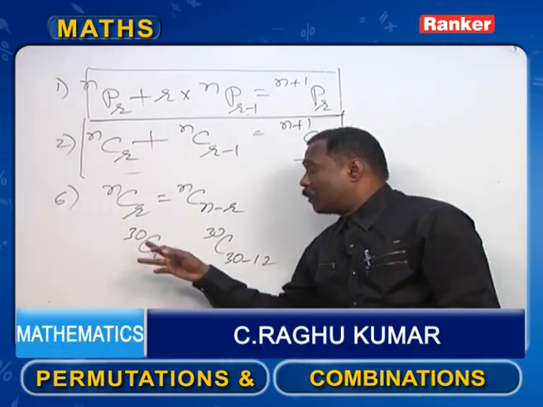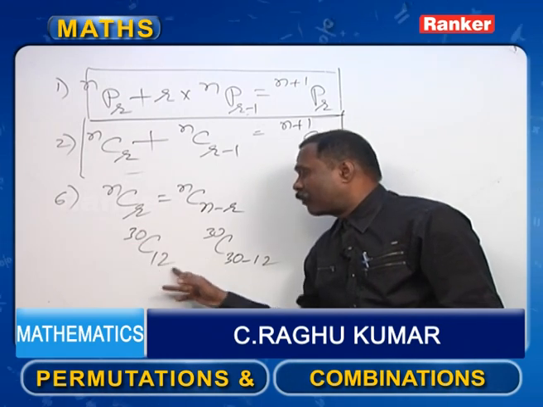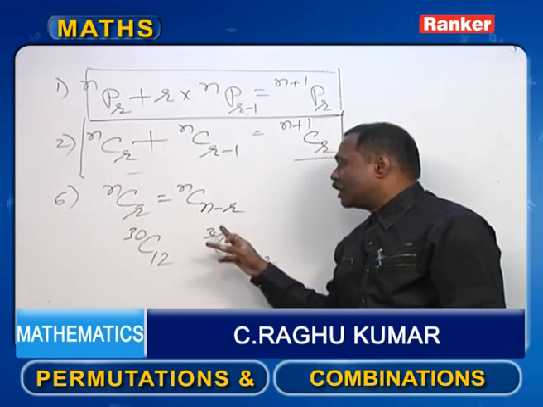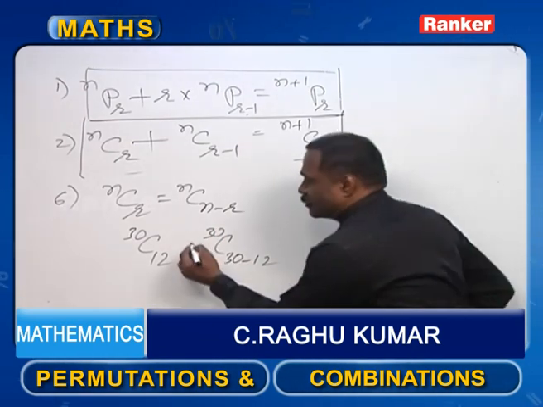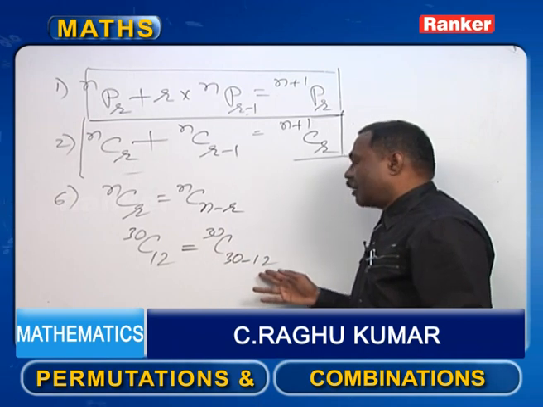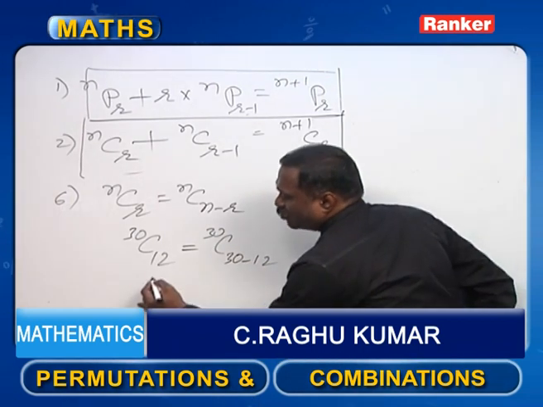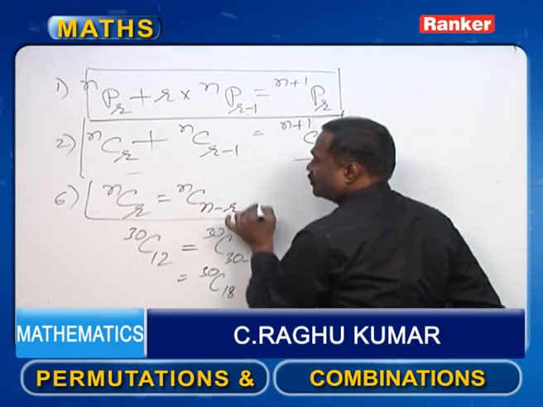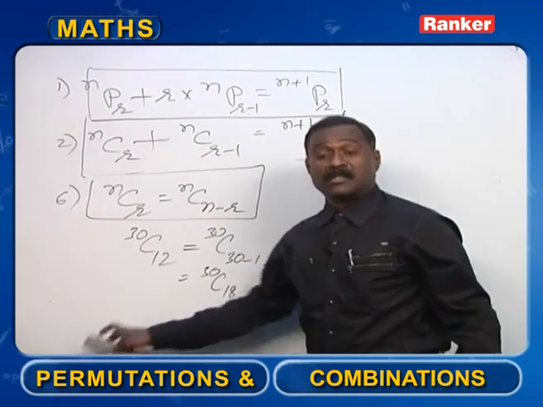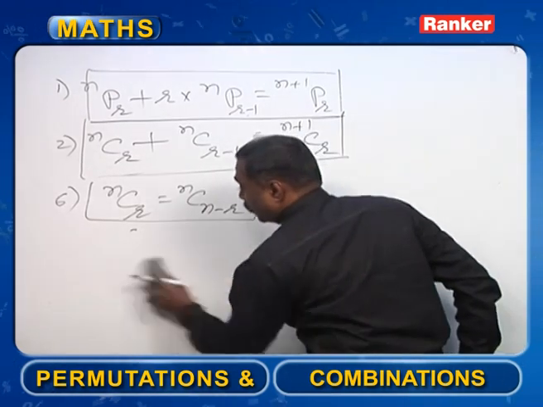That means the number of ways of making a group of 12 students from 30 students is equal to the number of ways of making a group of 18 students. Understand? So 30C12 is equal to 30C(30 minus 12), that is 30C12 is equal to 30C18. That is NCR is equal to NC(N minus R). This is used in the binomial theorem.